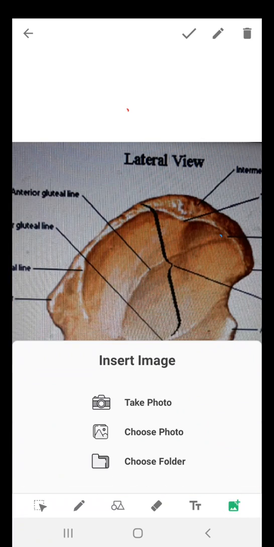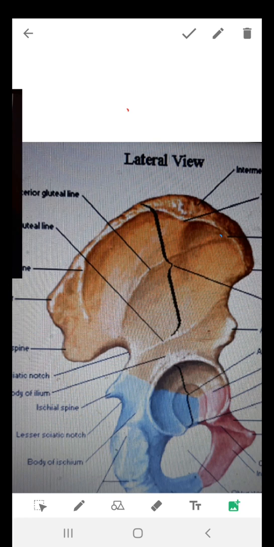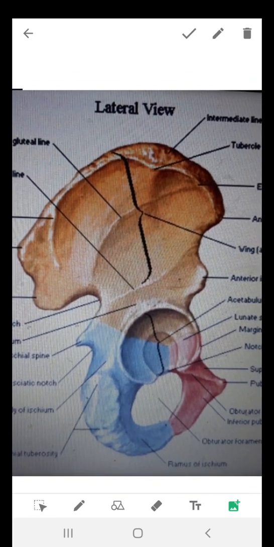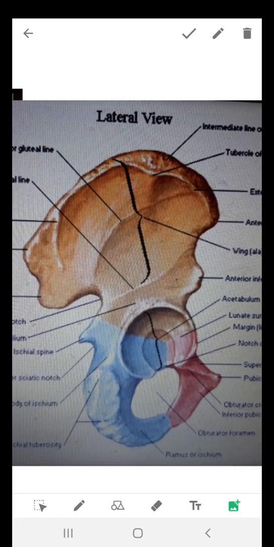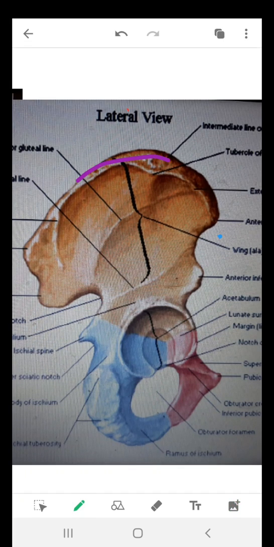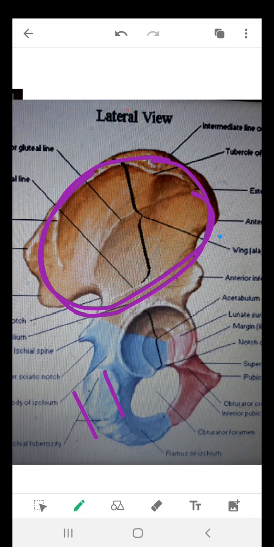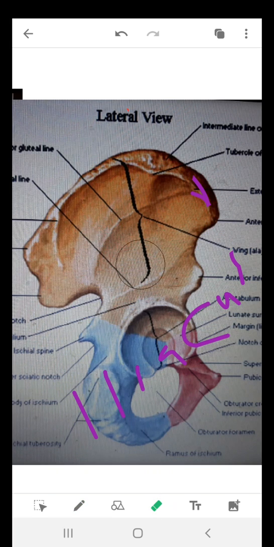This area, if you look at it from the medial aspect, is going to give attachment for a muscle called the iliacus. It's going to be called the iliacus.